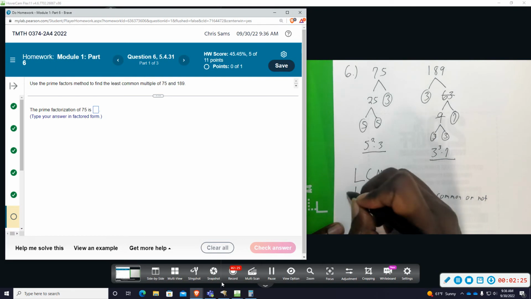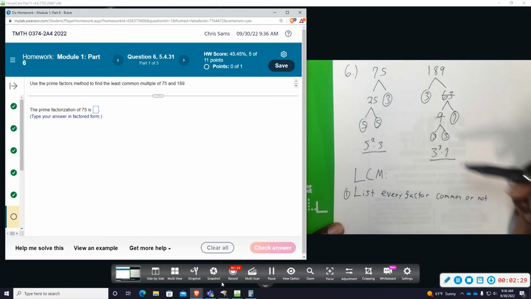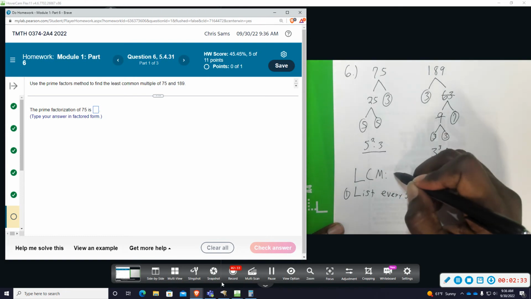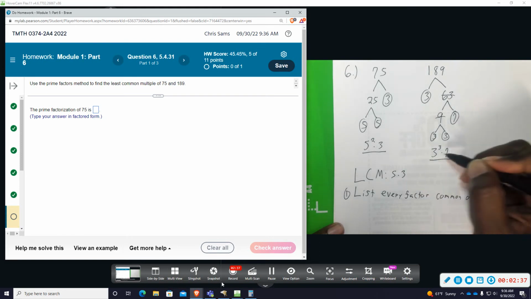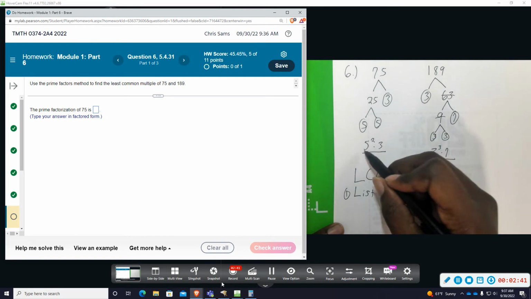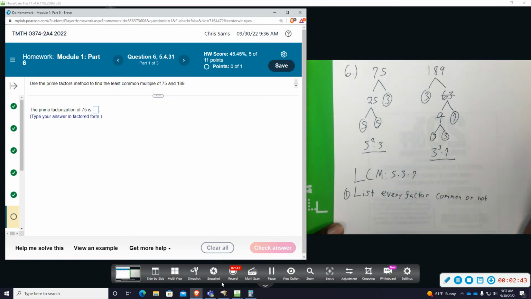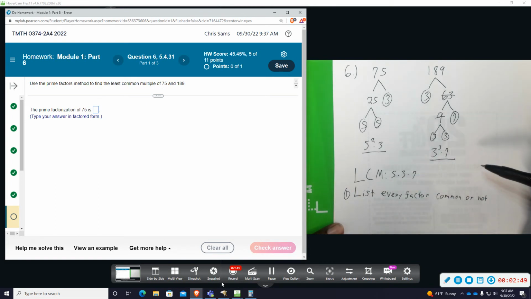So every one of these big numbers that show up, I'm going to list. I'm going to list 5. I'm going to list 3. That one has a 3, we already got it. And I'm also going to list 7. So every single number, this is different. Greatest common factor only listed what they had in common. Least common multiple will list every single one of them.